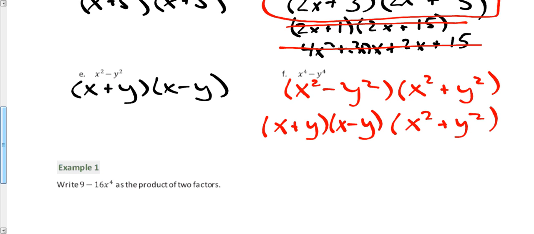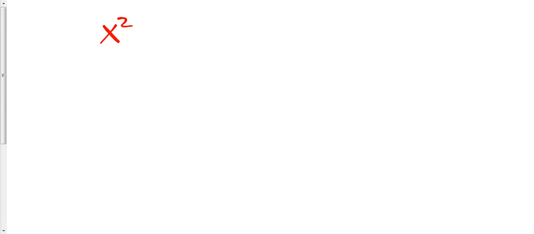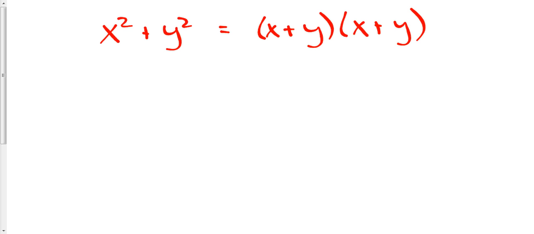You multiply these 2 things together and tell me what you get. No, you don't. FOIL it. Somebody's telling me x squared plus y squared equals this. Is this a true statement? What happens when I multiply these 2 things together? I do x squared, right? X times x is x squared.